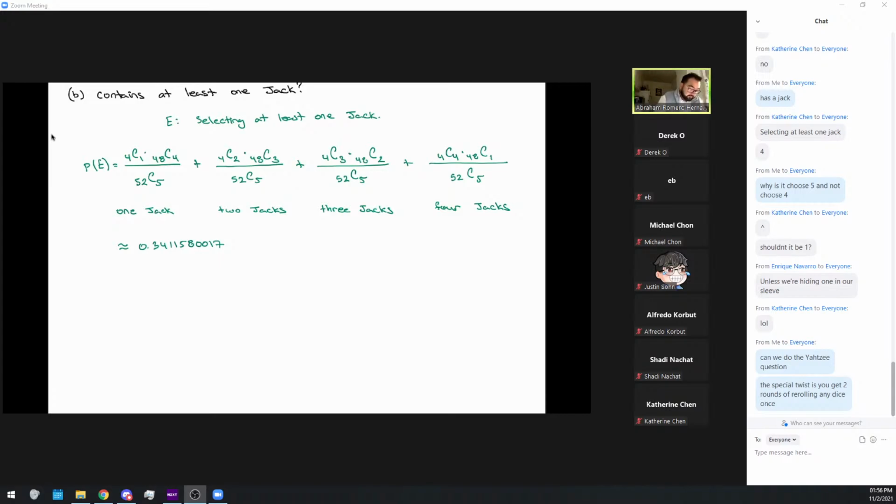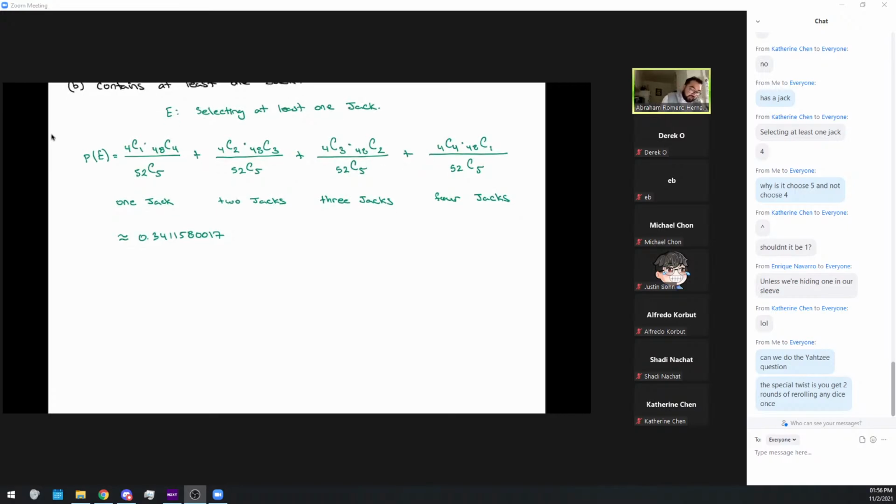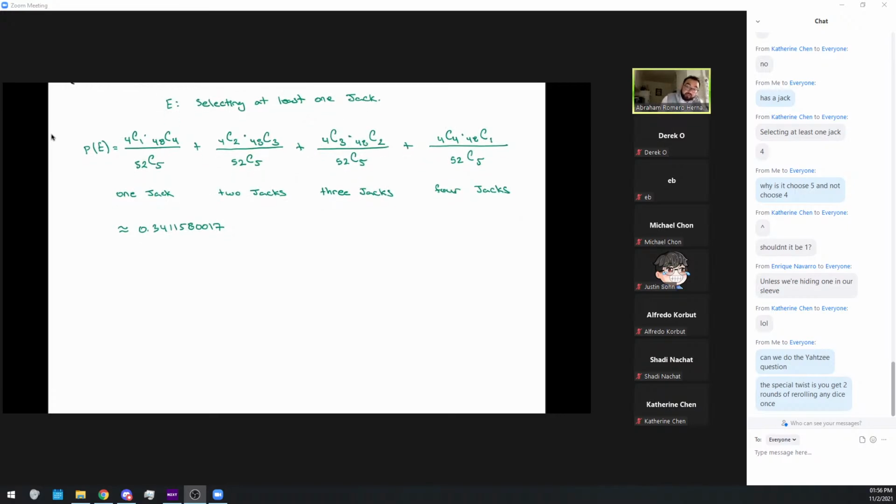Okay. So another way you can view this problem is the opposite of E, or in other words, the complement of E. Now, the complement of E is denoted by E bar.